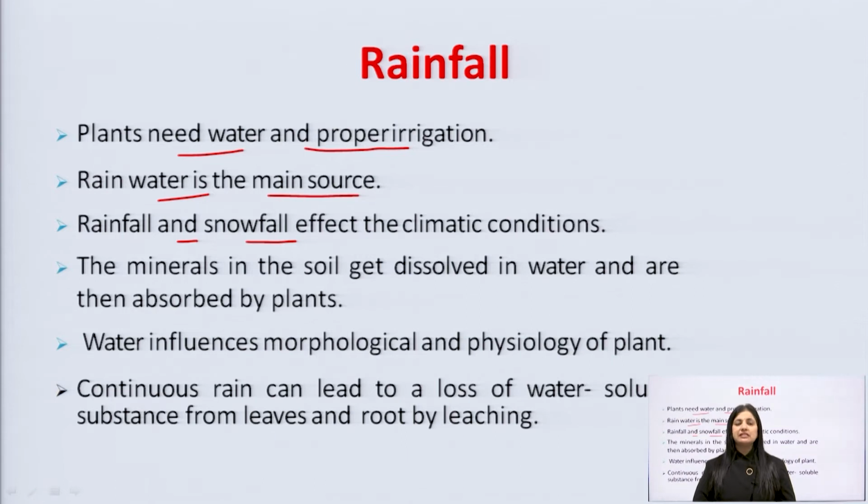The minerals in the soil get dissolved in water and are then absorbed by plants. Water influences the morphology and physiology of the plant. Continuous rain can lead to loss of water soluble substances from the leaves and the roots by leaching. So, even higher rainfall is not required. We just need the optimum amount of rain.